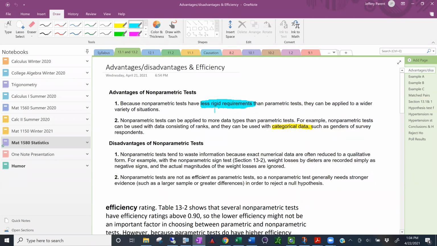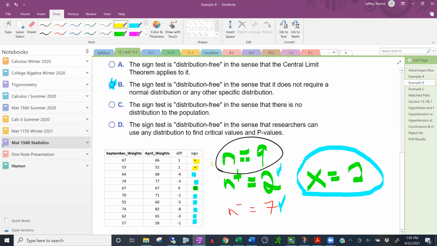Some of the disadvantages are that non-parametric tests tend to waste information. And we can see that when we look back at the previous example. We started out by throwing out what happened here at 0. Well, that's not good. So you're throwing away 1/10 of your data.